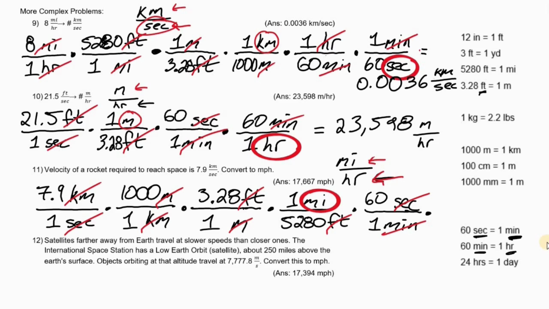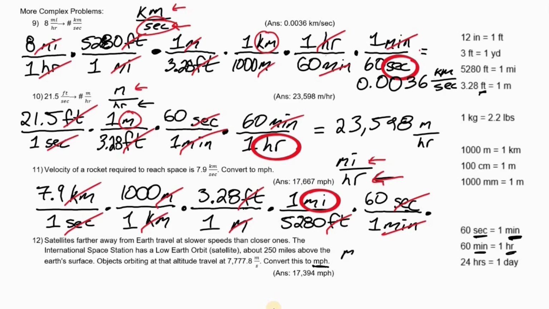Okay, so moving on to the next one. Satellites farther away from Earth travel slower, at speeds and so on. Objects orbiting at this altitude travel at 7,777.8 meters per second, and let's convert this to miles per hour.